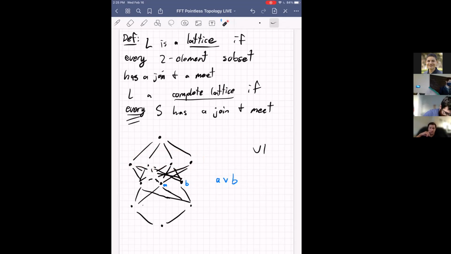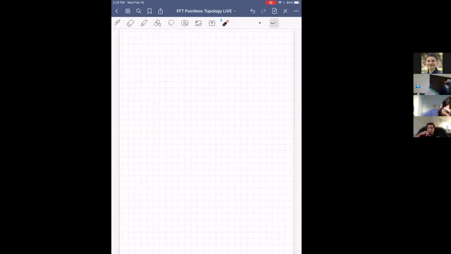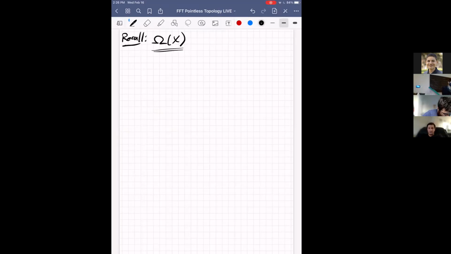So that's some lattices, and now I want to remember what we were talking about with topology. I want to write this as a complete lattice. First of all, we need to think of it as a poset. How can we think of it as a poset? Well, this guy is a set of subsets, so this is a poset ordered by inclusion.